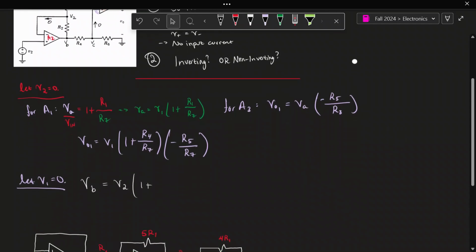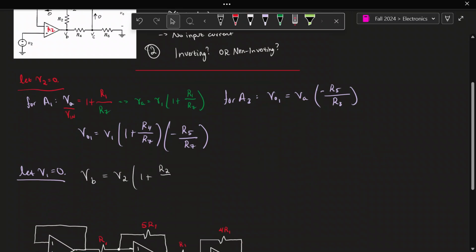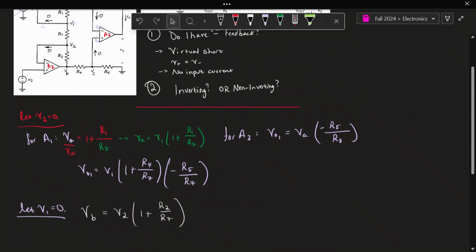So we have R2 over, now we want the resistor between the node that R2 is on, which is the V2 node, and that goes to ground, in our case R7. And remember, because V1 is 0, this becomes ground. So now you have R7 as this resistor, okay, VB.